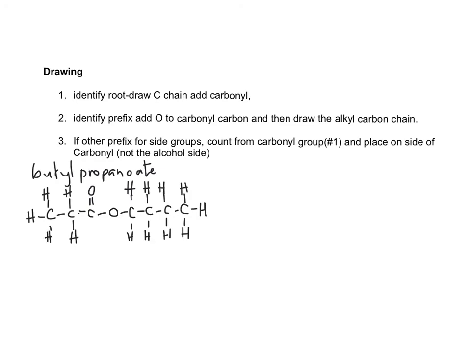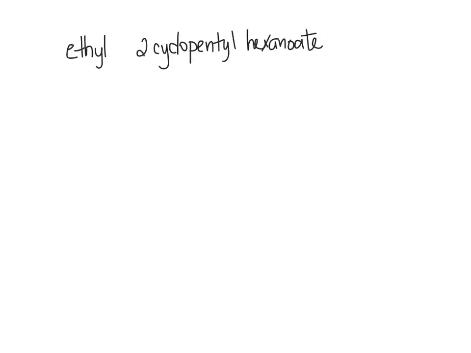So here's the structure with all of the hydrogens put in. Here is the propanoate portion, and here's the butyl portion. So this denotes the alcohol portion, and this denotes the acid portion.